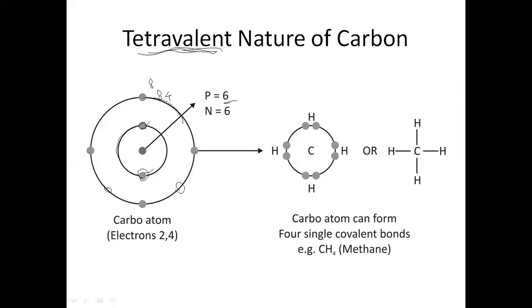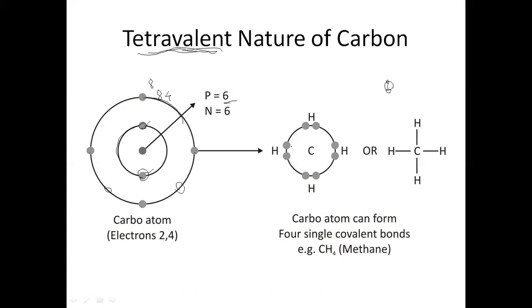Here we can see hydrogen's atomic number is 1. So in the first shell of hydrogen there will be only 1 electron, and 2 electrons are needed. For becoming stable, hydrogen needs 2 electrons. So what will it do?